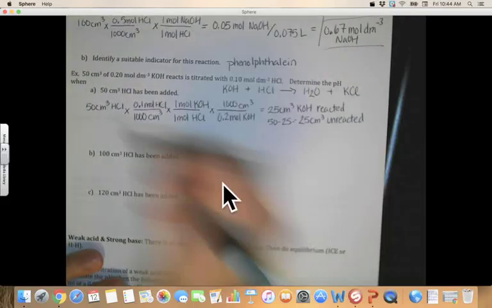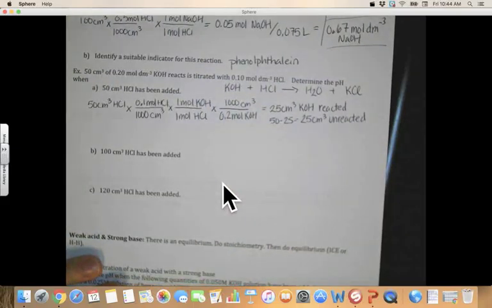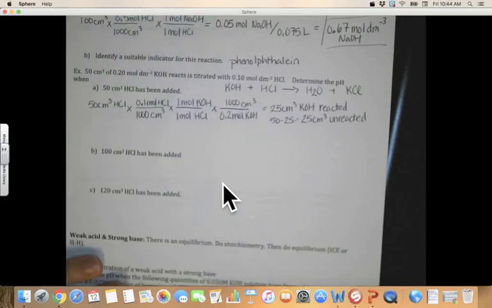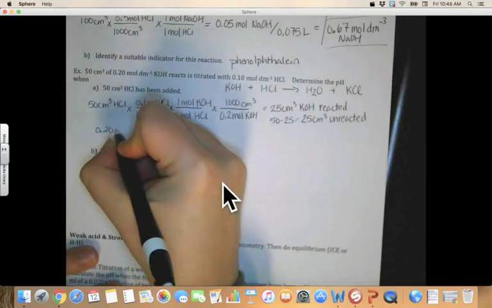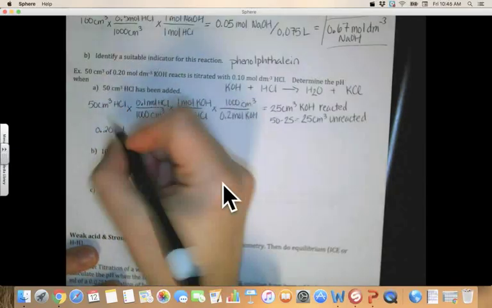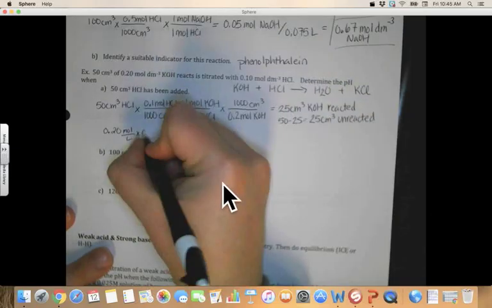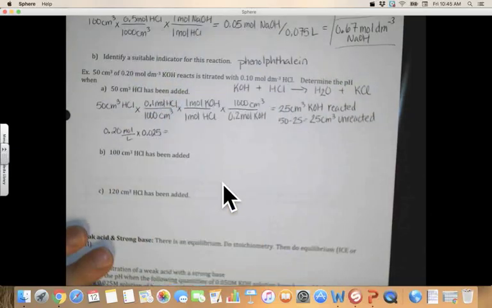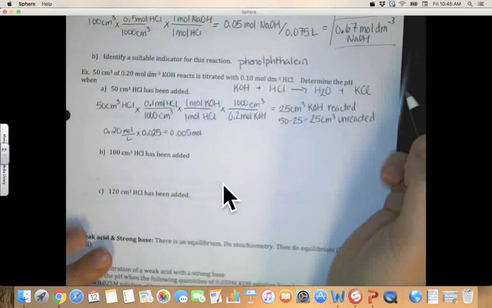Okay, so I need to know the pH of this. Well, that means I need to know the concentration of the hydroxide. So I need to know the moles of hydroxide. So at 0.2 moles per liter, I have 25 cubic centimeters, 0.025 liters. That's 0.005 moles of potassium hydroxide.